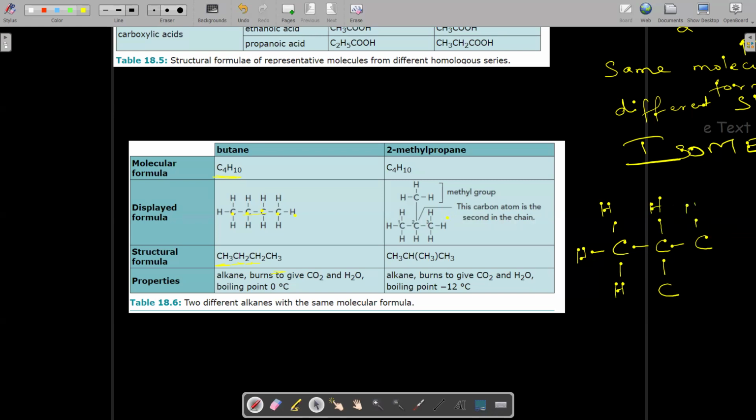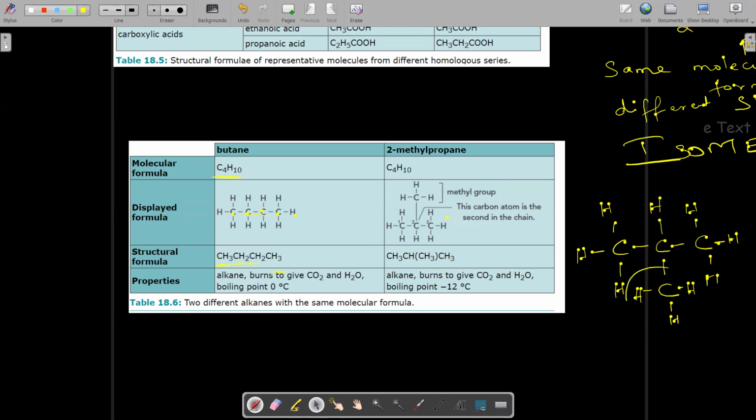And 1, 2, 3, and 4. So I have another carbon here. So I need to put the 4 bonds. So H, H, and H. So instead of writing it this way, this is my displayed formula.